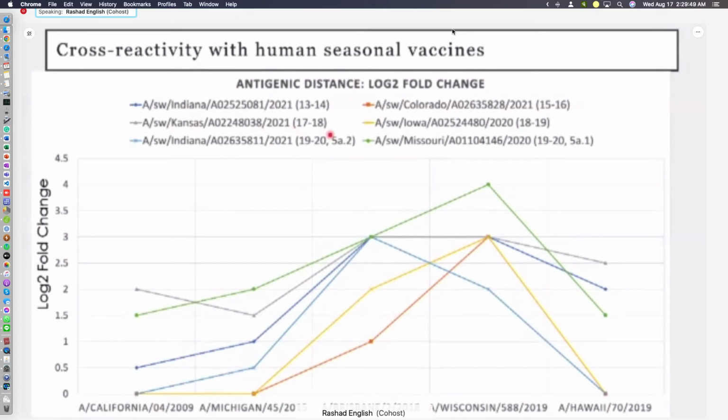Our study really started off by observing this unprecedented outbreak. We started off in 2020, but it really exploded in 2021 and 2022. The top left slide shows the magnitude of the outbreaks seen across multiple continents.